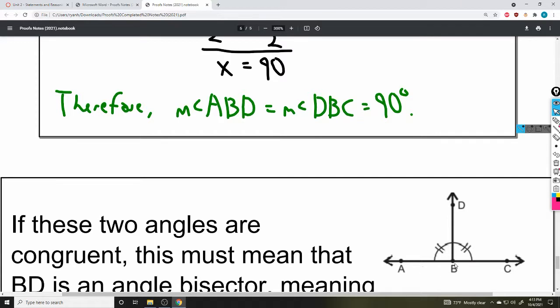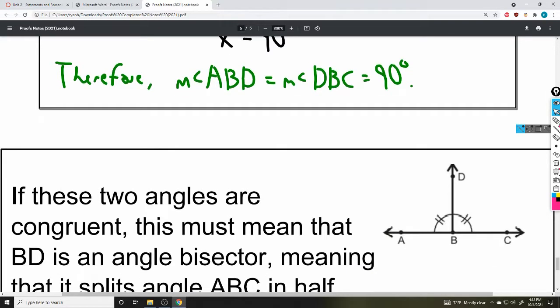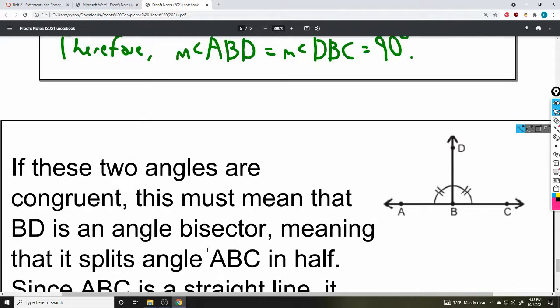Here's an angle that got split into two pieces that are the same. And if an angle was split into two pieces that are the same, well, we have a name for that. It's a bisector. It has to be an angle bisector. So that means angle ABC was bisected, was split into two equal pieces. It was split in half.